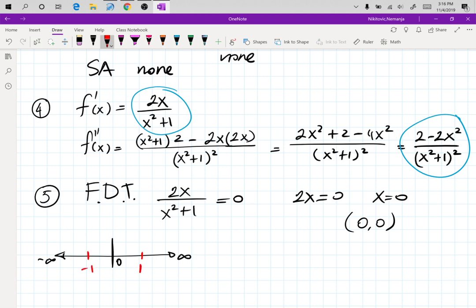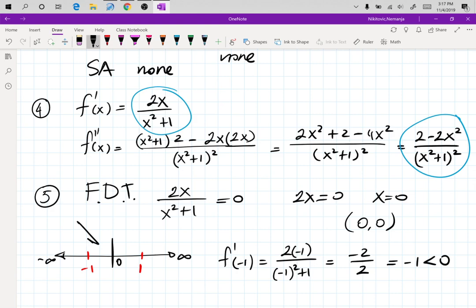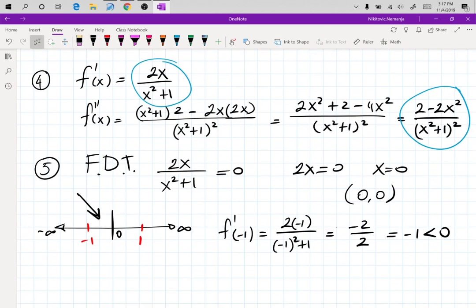We have negative infinity to positive infinity for our domain, and we choose any test points we want inside each interval. So now we have f prime of negative 1. That's 2 times negative 1 divided by negative 1 squared plus 1. This is negative 2 over 2, which is negative 1, less than 0. We have a decrease on the left, and then we do the same thing for positive 1.